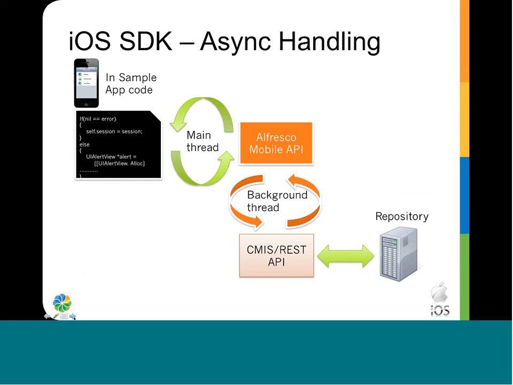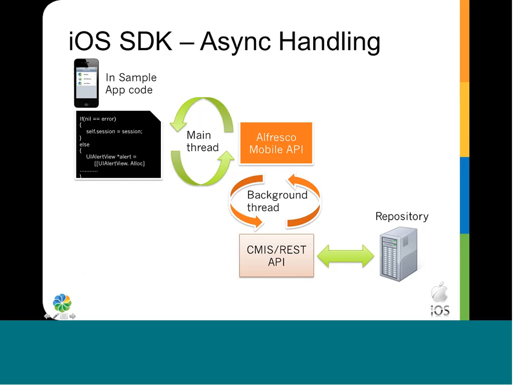Here's a little diagram of how this asynchronous handling is done, so there shouldn't be too much surprising. On the left side, you see your sample application on your iPhone, and the black thing is the code that you would like to execute once your call has completed. Let's say you want to create a session, and you pass this request onto the repository, and you want to know that, yes, the session has been created.